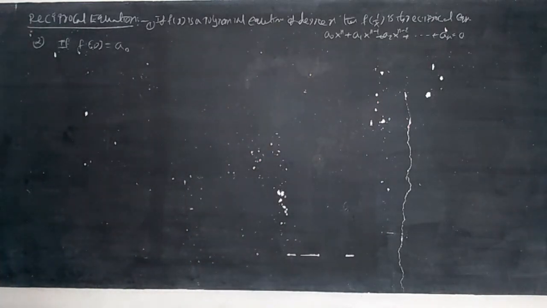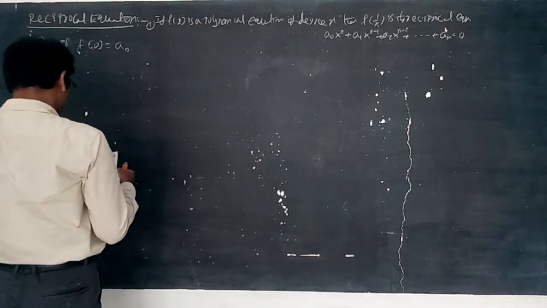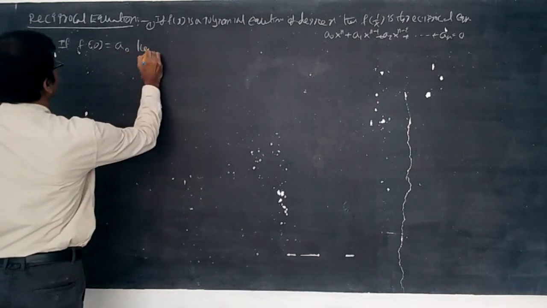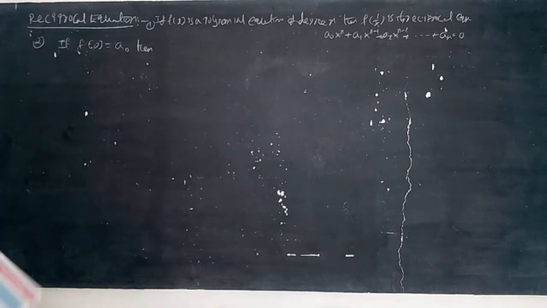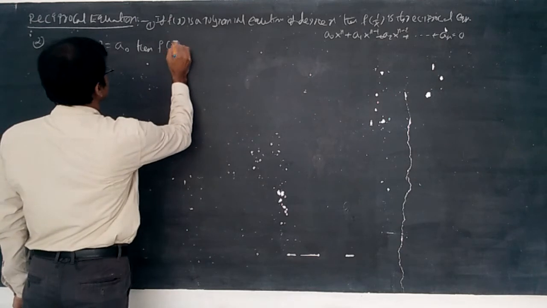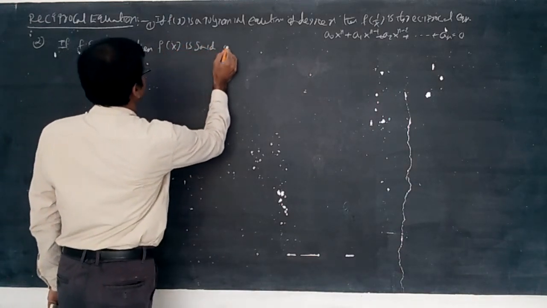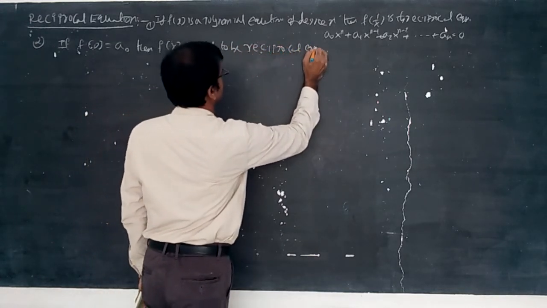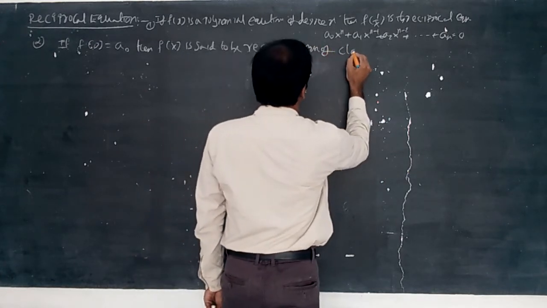If f of 0 is equal to a naught, then f of x is said to be a reciprocal equation of class 1.